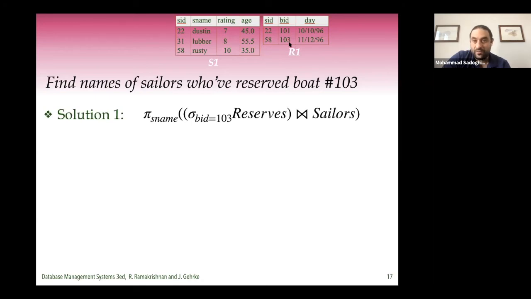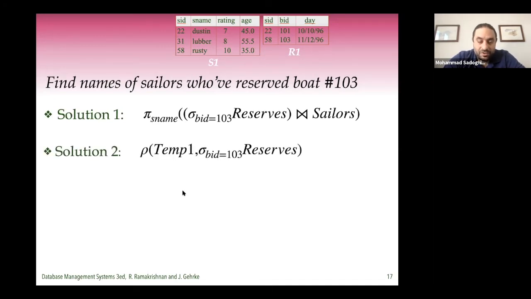But since we want to find the name of the sailor, we need to join it to the sailor table, joining on the SID. So it's a natural join or equijoin from SID to SID, and so we extract the name of this particular sailor, which is Rusty. Does that make sense?